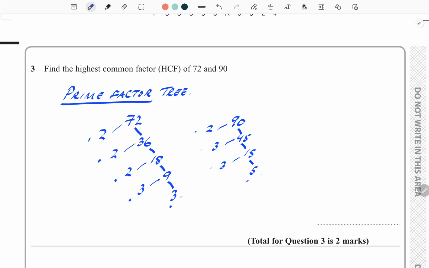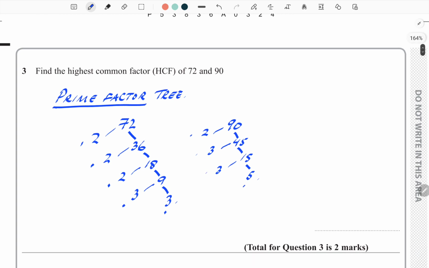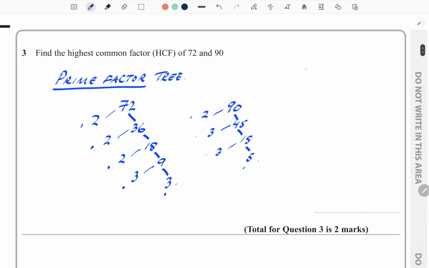The way to work out the highest common factor is to lay out the results, if you like, pair them up. And bear with me, I'll just explain this. So 72 is 2 times 2 times 2 times 3 times 3. And 90 is 2 times 3 times 3 times 5.